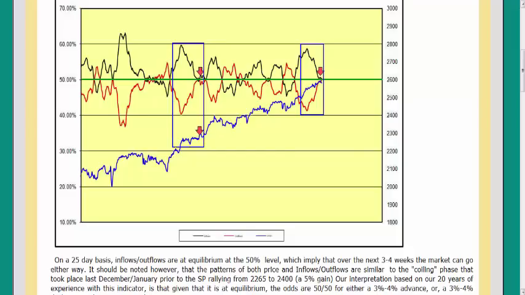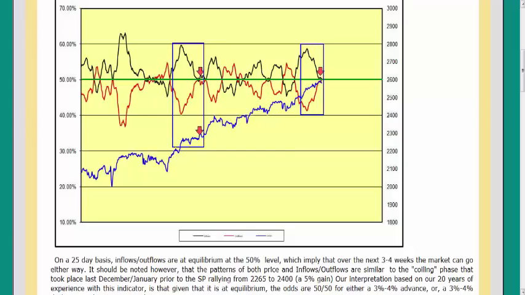If you look at the pattern, you go back to what we had earlier in the year, and that was around, let me give you the exact date, the 27th of January. The market had been coiling between December and January.